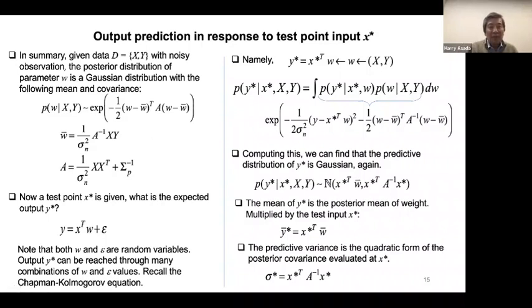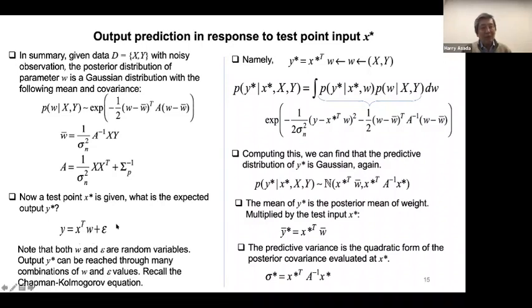So this is the model we obtain based on the training data, right? With this, now we would like to test how it predicts the output Y in response to X star. X star is given. What is the expected output?